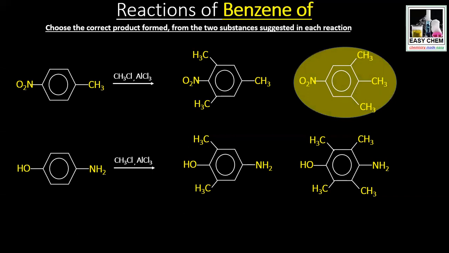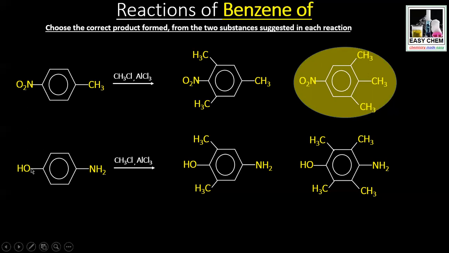Likewise, in the second one, on the left-hand side, we have an OH group. On the right-hand side, we have an NH2 group. They both promote electrons, they both increase electron density on the 2nd and 4th carbon relative to them.